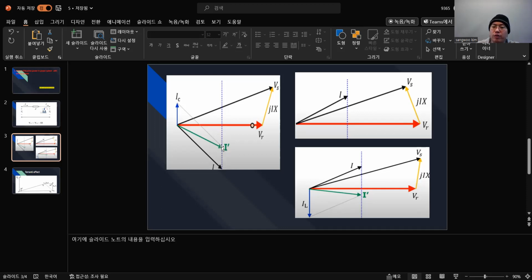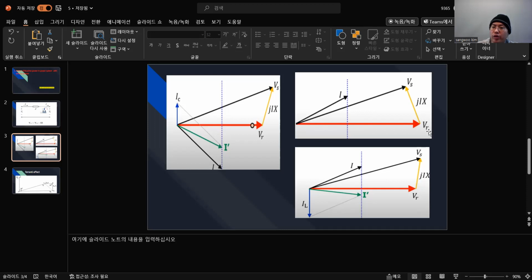So that means the power factor is improved. But what if, as in the third picture, I is leading? If we add an L inductor, what happens? If we add both of them here, this green line changes I from leading to lagging. This picture is for when I is leading, 90 degrees here.